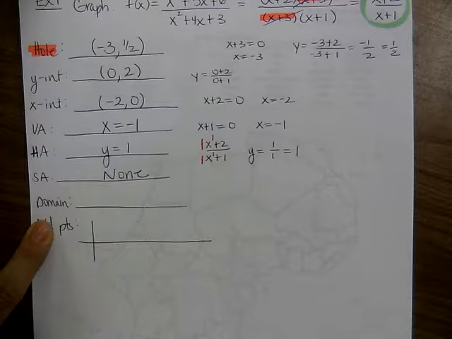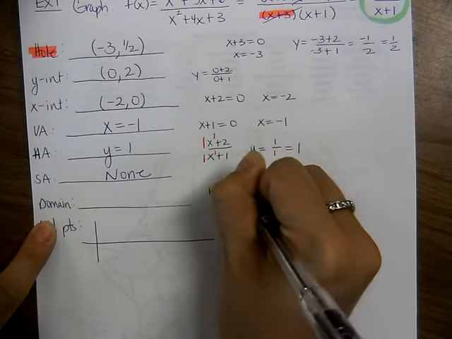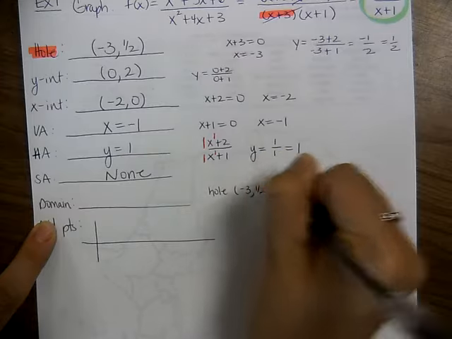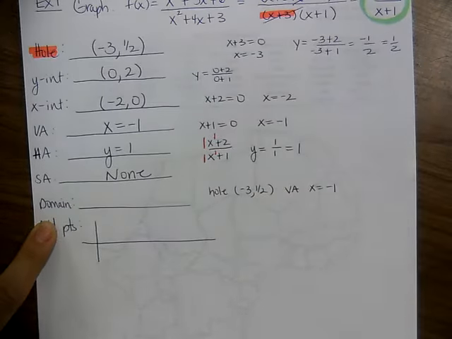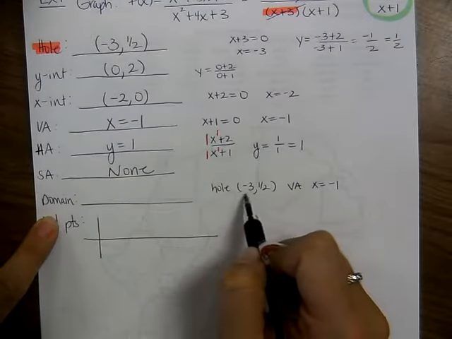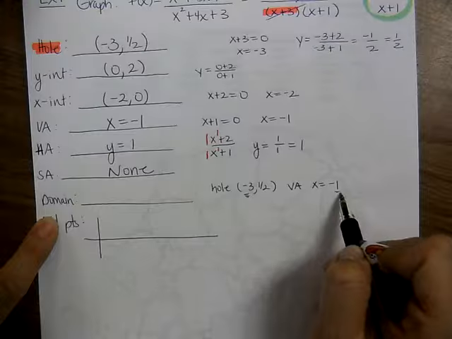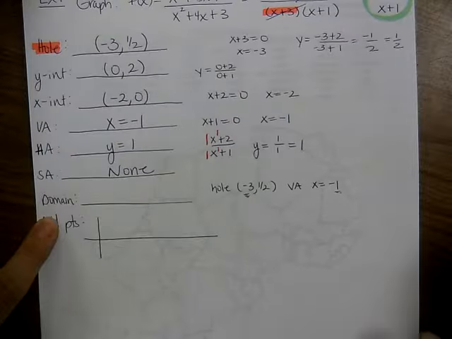Time to find the domain. So when I look at the domain, I'm looking at the hole, which is at (-3, 1/2), and I'm looking at the vertical asymptotes, which in this case there's only one at x equals -1. That means that at these values of -3 and -1, my graph is undefined. When you write domain, you're writing in the restrictions, right?